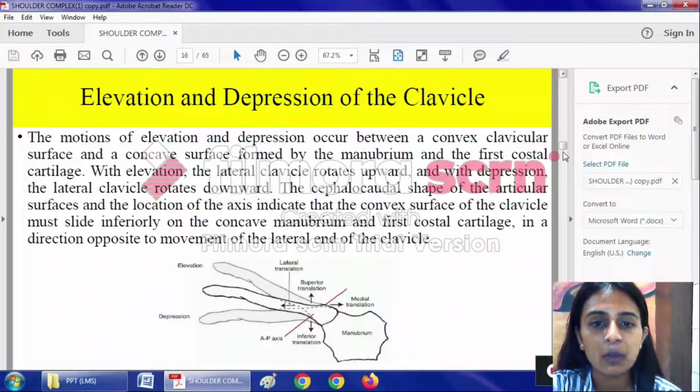The cephalocaudal shape of the articular surface and the location of the axis indicate that the convex surface of the clavicle must slide inferiorly on the concave manubrium and first costal cartilage in a direction opposite to movement of the lateral end of the clavicle.